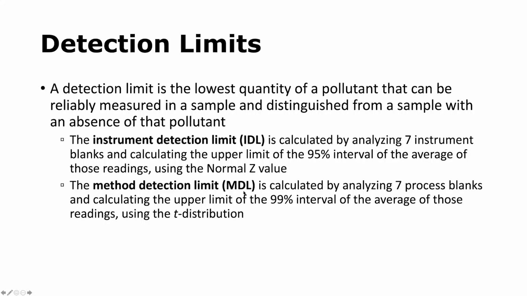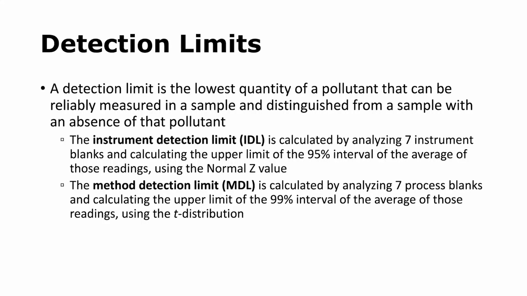The method detection limit is calculated by analyzing 7 process blanks. So the difference between an instrument blank and a process blank is that an instrument blank, you're just putting, let's say, DI water as a blank. You're putting that directly into the instrument to get back the reading that the instrument provides. The process blank, on the other hand, you are concentrating, you're processing, you might be doing an extraction.